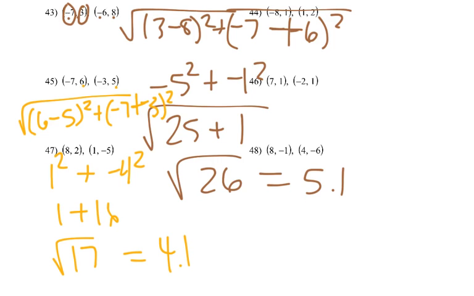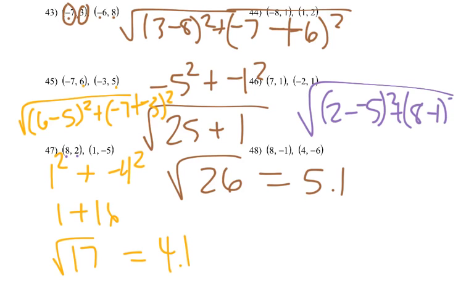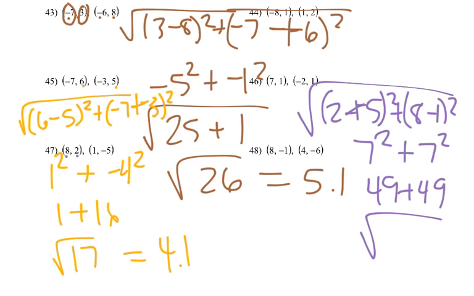Okay, so 47, 2 minus negative 5 squared plus 8 minus 1 squared, so we'd get 7 squared plus 7 squared, so 49 plus 49, which would give us the square root of 98, which would equal about 9.899, so about 9.9, pretty close to 10.